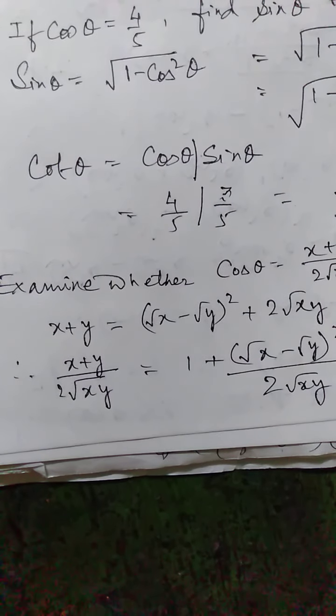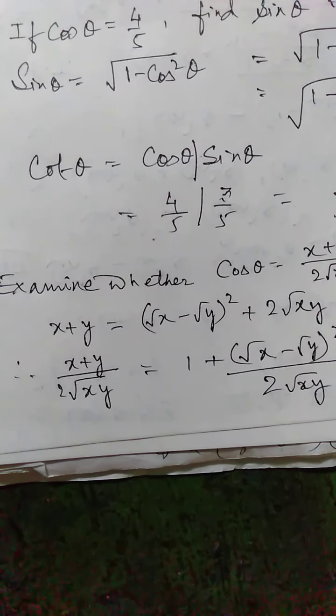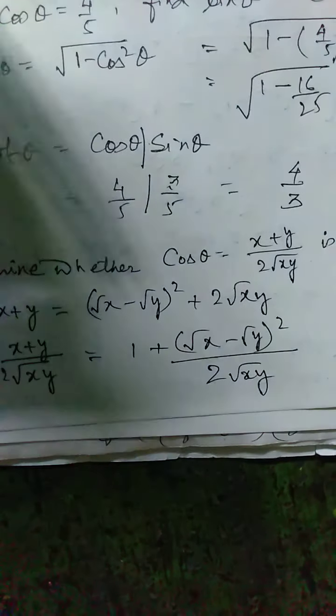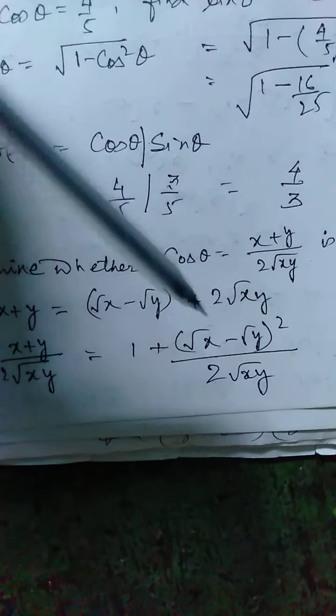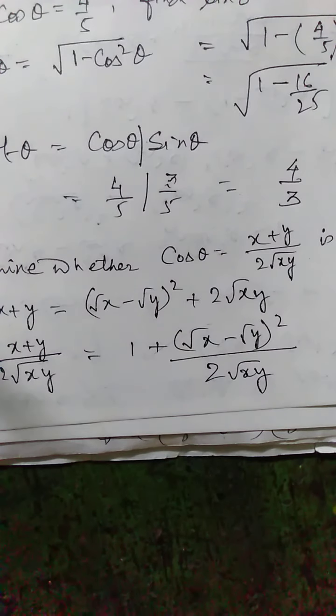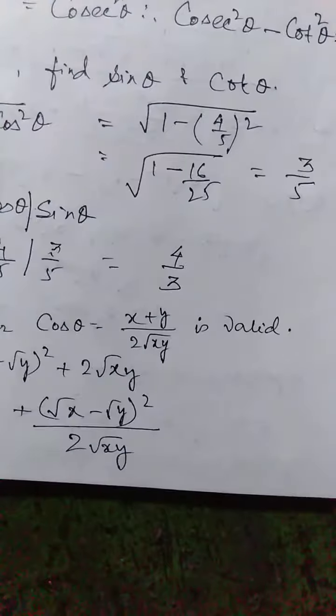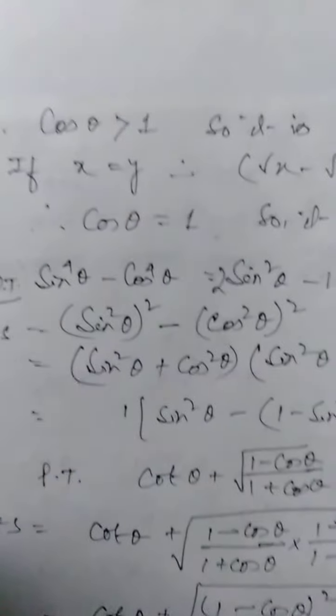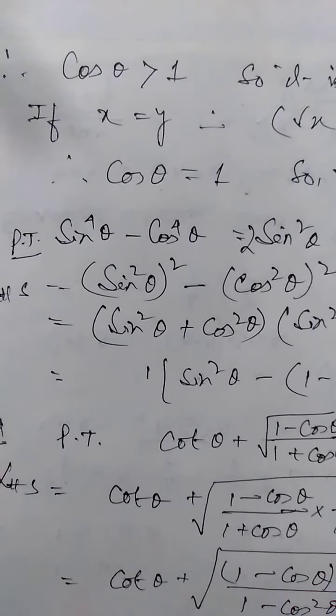And if we write that way, then x plus y by 2 root xy is equal to 1 plus something. Now this is a square number, so obviously it will be positive. So from here it appears that the value of cos theta is greater than 1. So it is not possible, because we know that the value of cos theta cannot be greater than 1. So it is not valid.